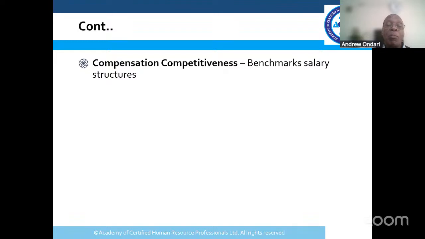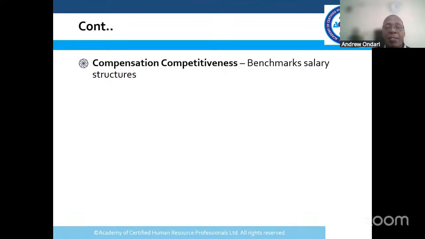And this is what some people use to exit organizations. That even in their current position, their wages are very low, and in the competitors' organization, their wages are high. So that difference may determine whether an employee stays or leaves. And because we want to be competitive, we want to ensure that the differentials are not very high.